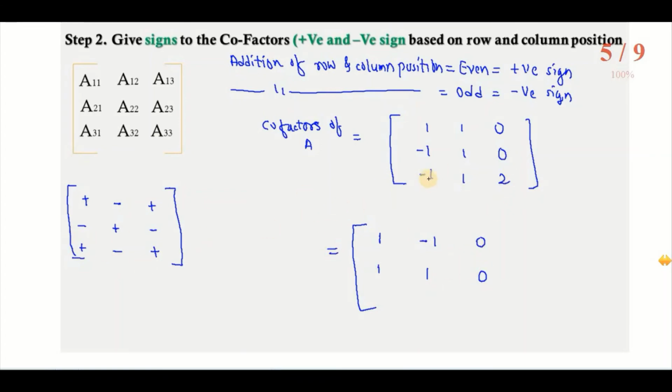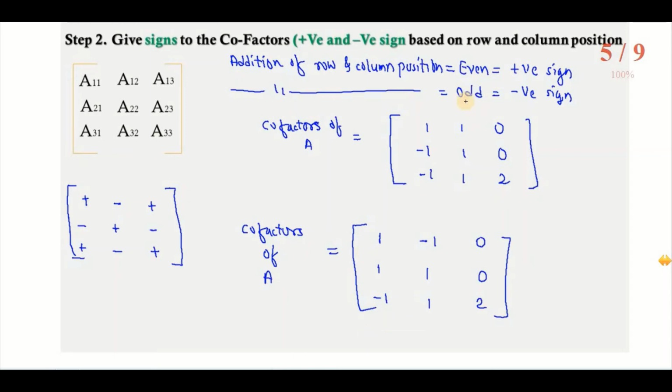Then plus and minus sign, so we get minus 1 here, then here minus sign, here a plus sign, so we get 1 here, and positive, so it will be a plus sign here. So these are the cofactors of A after giving the signs.